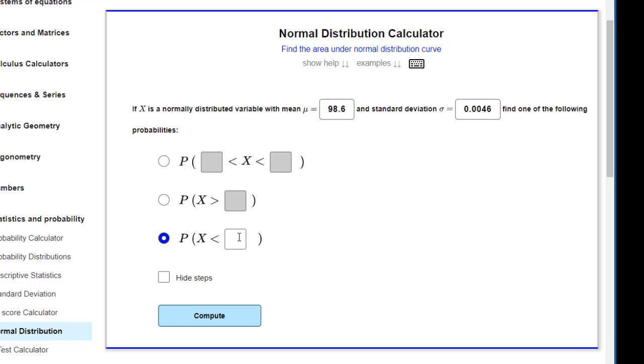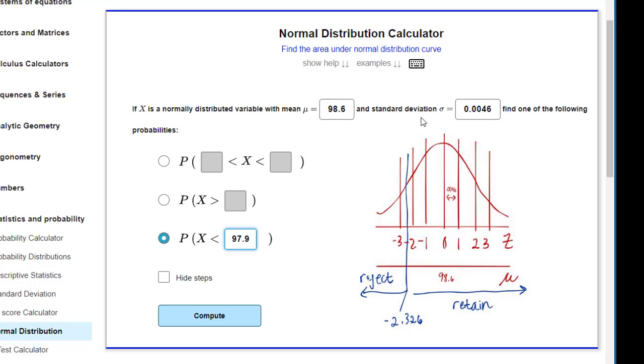And I want to know what is the probability of getting 97.9. So let me just go over these steps again. Here I have what is in the center of the curve, right? So the population mean, 98.6, would be in the center of the curve. We're not working with standard deviation, we're working with standard error.